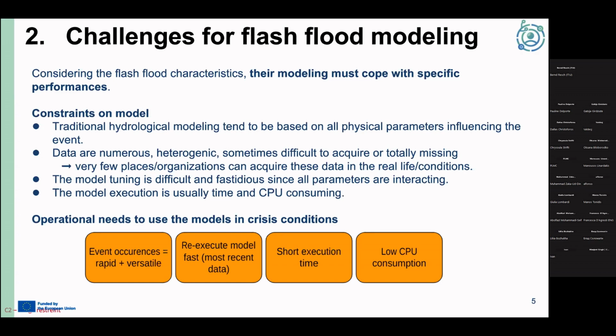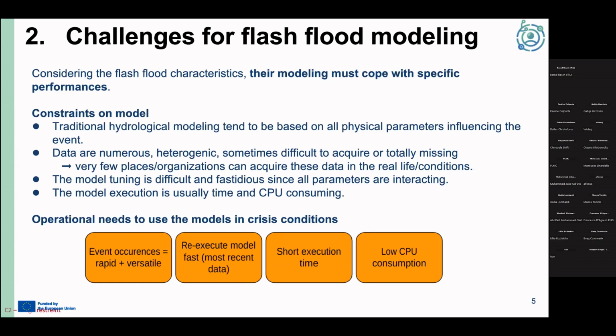First, traditional models, we mean by that physical ones, are based on all the physical parameters influencing the events. So by that we are talking about a lot of topographic elements, also the quality of the soil, a lot of physical parameters. So these data are numerous, they are very different from one to the other, and sometimes they are very difficult to acquire.